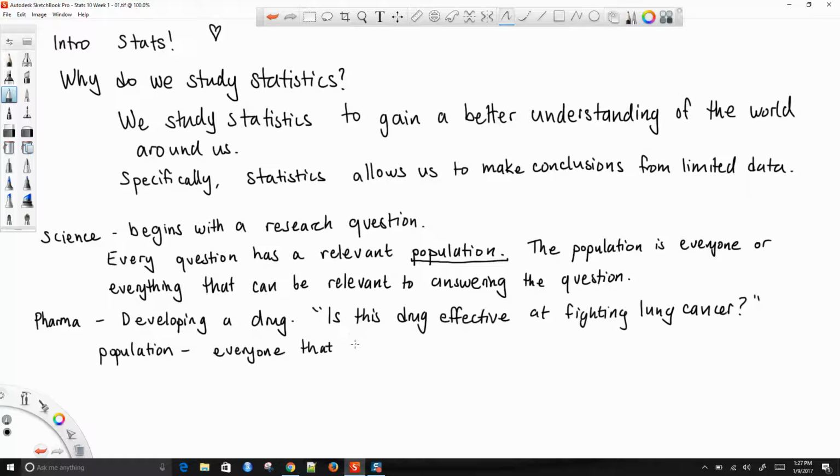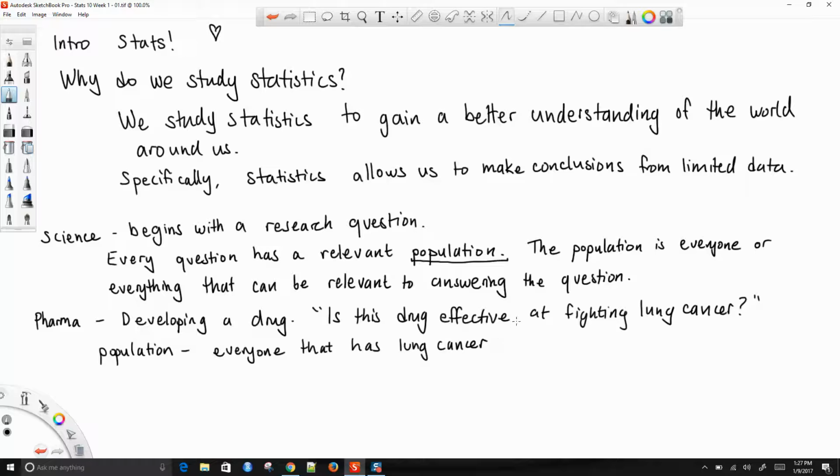Because as it's phrased, we're not looking at preventative medicine. It'd be awesome if there was a lung cancer vaccine, but we'll say this is for people who have lung cancer. So everyone that has lung cancer, and perhaps we could extend this to everything that has lung cancer.